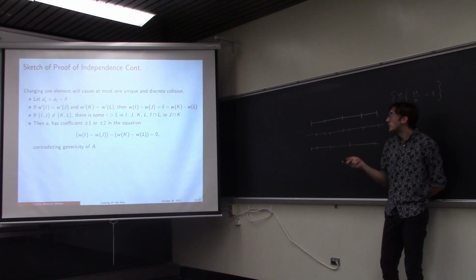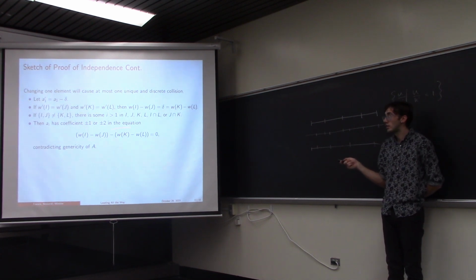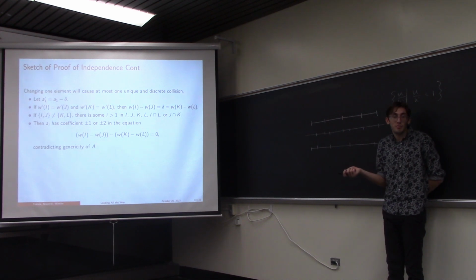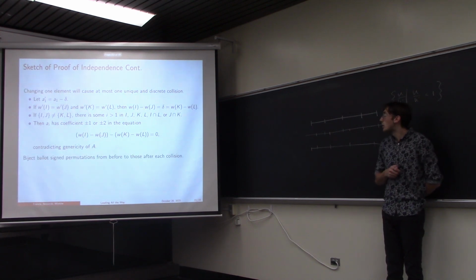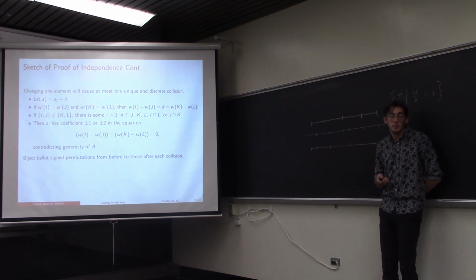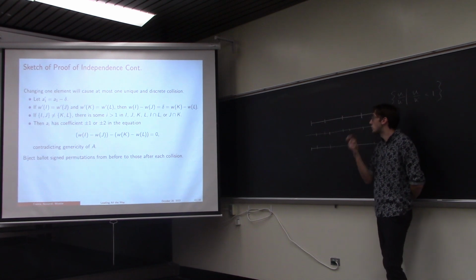But then that means that A sub i, this i that we know exists here, has to have coefficient +1 or -1 or +2 or -2 in this equation, which contradicts that A is generic because we now have a non-trivial linear combination of these elements summing to 0. Okay, so that's the first part. Changing one element will cause at most one unique and discrete collision.